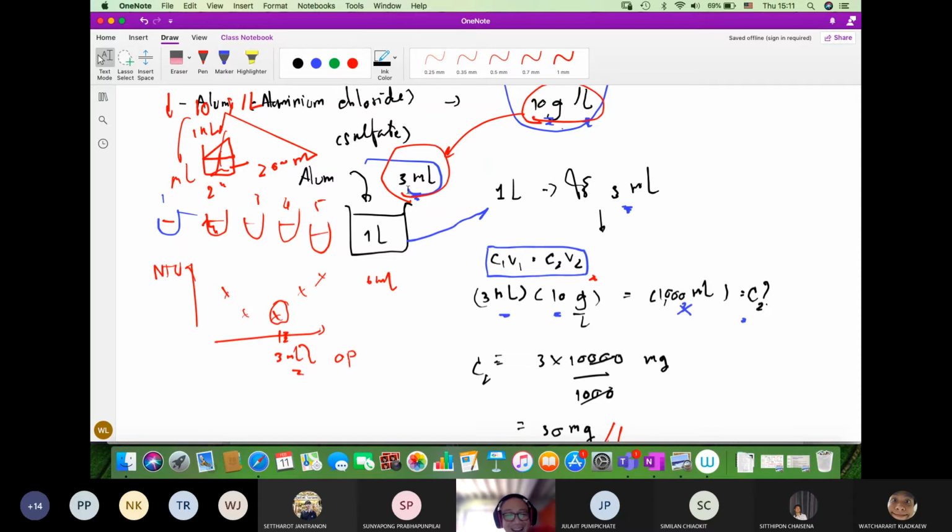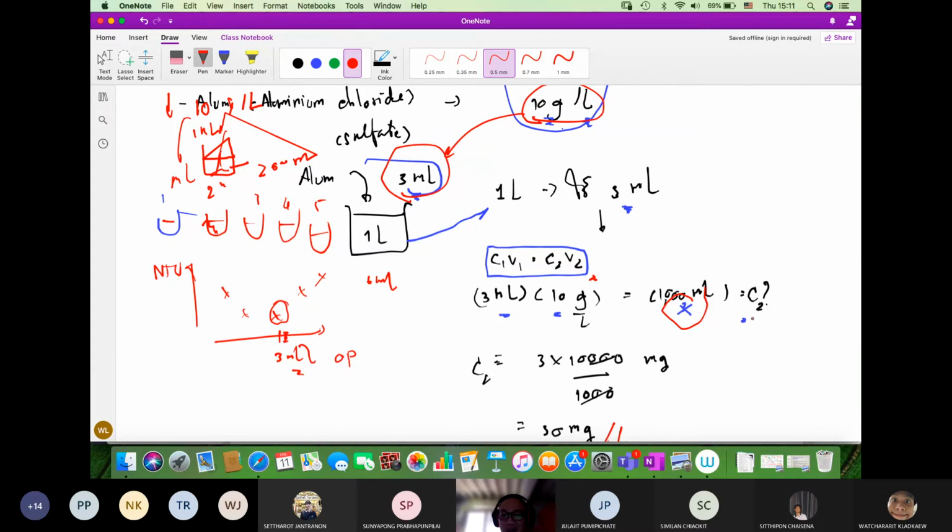In fact, addition of 3 ml into 1 liter could be 1,003 ml, but 3 ml is negligible, very small compared to the 1,000 ml. So this is the final volume, with addition of 3 ml into 1 liter of water.